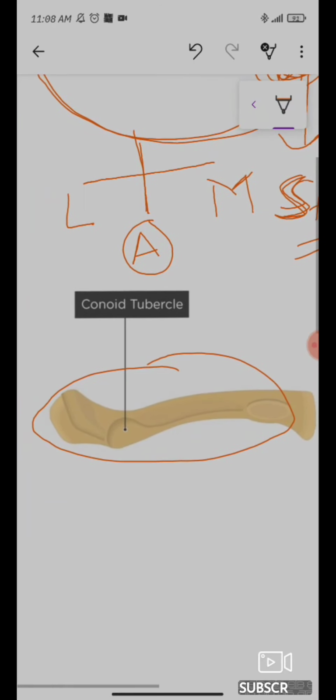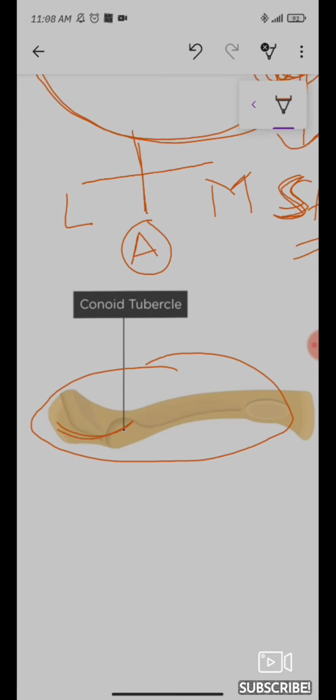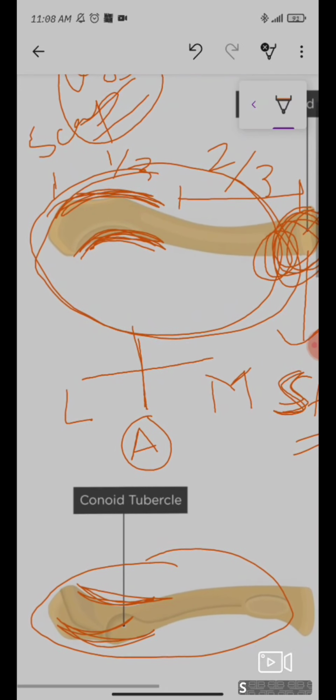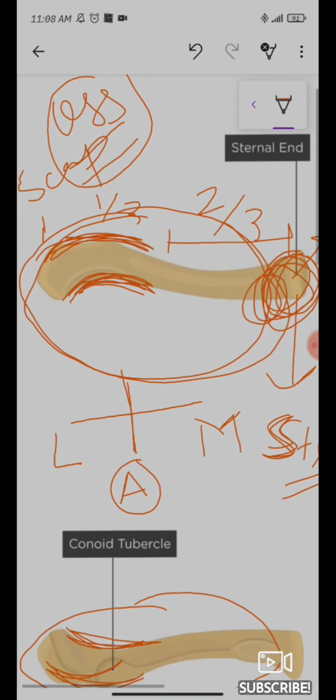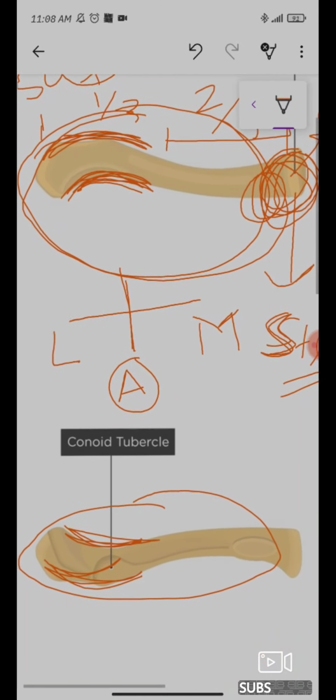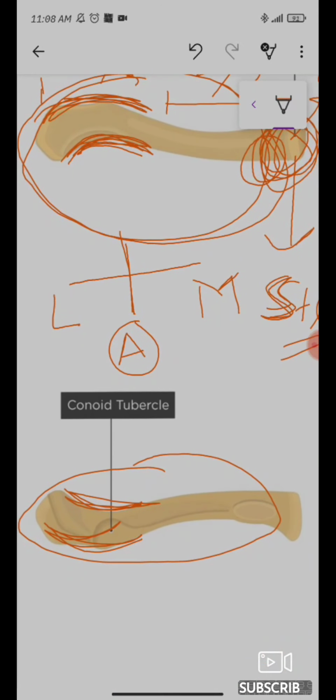In the inferior surface, the anterior border is convex and the posterior border is concave. Okay. Now we will talk about the inferior surface. It has the conoid tubercle and the trapezoid ridge.